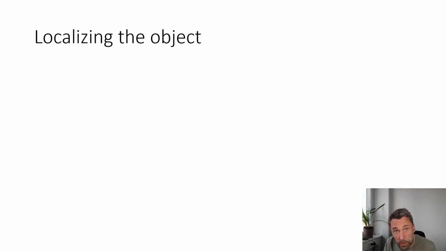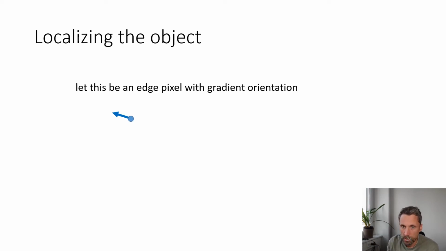Okay, so how do we use the R table now to localize the object in a new image? Let's first look at this edge pixel here. It has a gradient orientation.